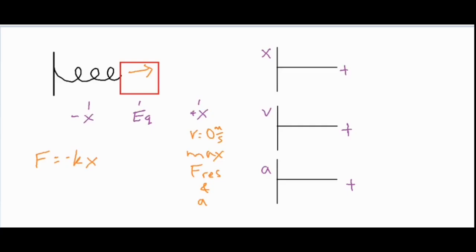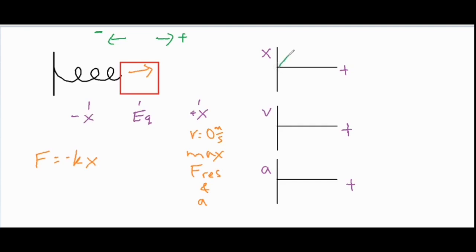So if you're thinking about what's happening with the position versus time graph, I think about it in terms of slowing down and speeding up, and also in which direction. So we're going to call this direction positive, and then this direction negative. So from the equilibrium position to its maximum positive displacement, it's going in the positive direction, but it's slowing down.